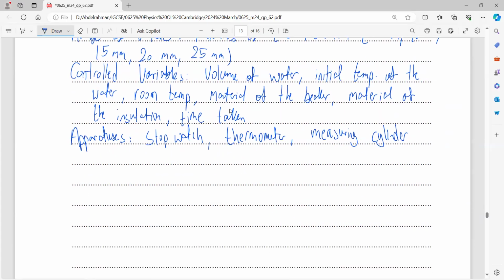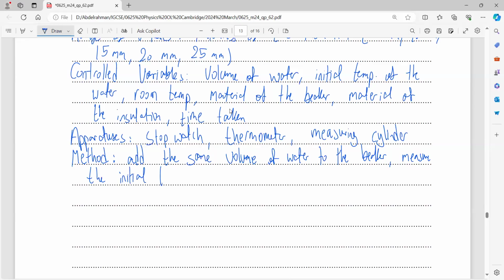It's a very simple method. What is the method that I will be conducting? First of all, add the same volume of water to the beaker. Measure the initial temperature of the water.